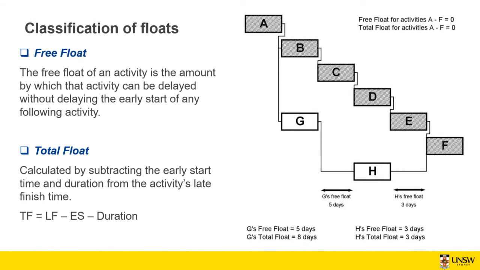Let me draw on the screen. So we had task G, I'm terrible at this, and you got task H. Then you got 5 days here, and then you got 3 days here.